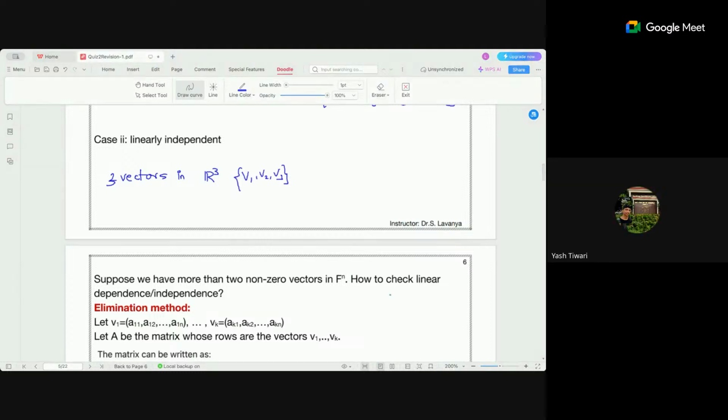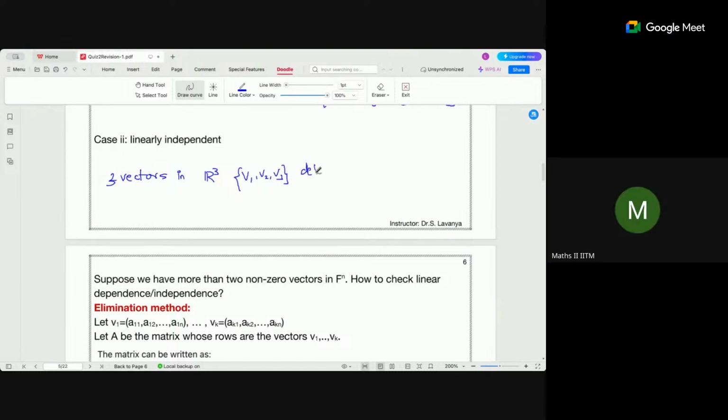One way is to find out rank. Yes, rank is one way. Is there any other method? Can you tell using determinant how we can tell linear dependence or independence? If the determinant is non-zero, then it will be linearly independent.